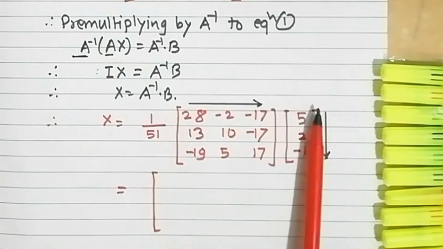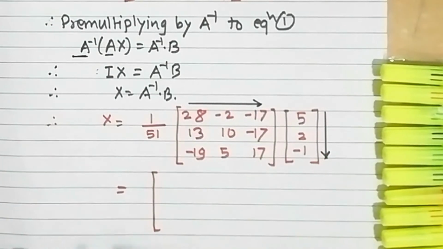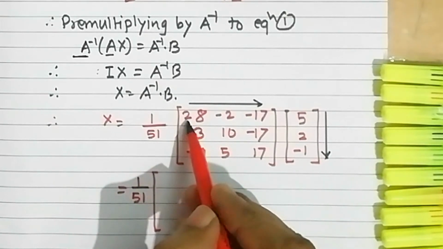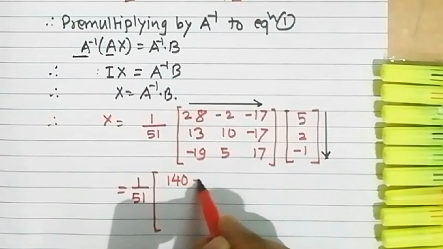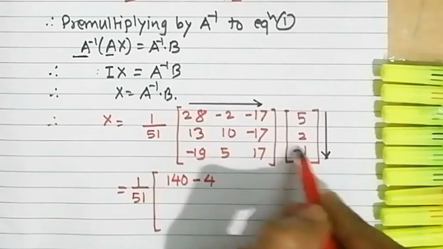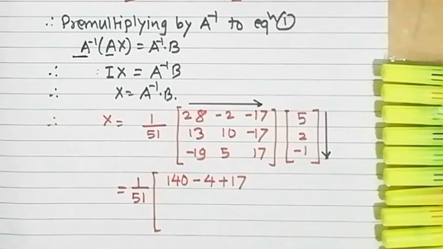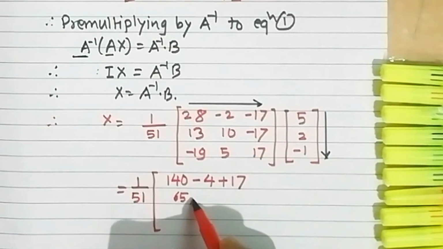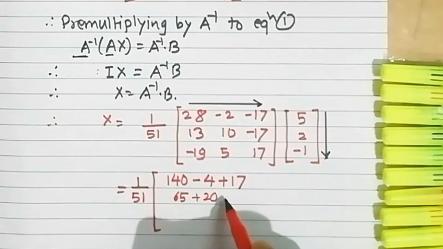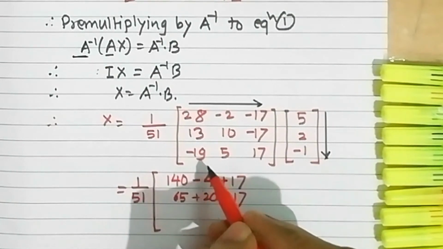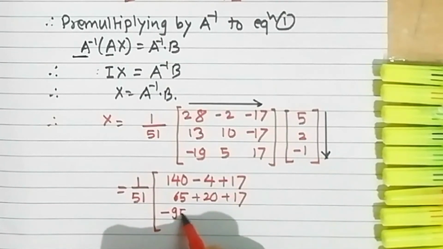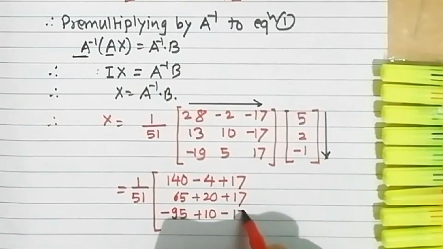Multiply each row by this single column. So this is equal to 1 upon 51 as it is, and 28 into 5 is 140, minus 4, plus 17. Then 13 into 5 is 65, 10 into 2 is 20, and plus 17 again. Then -19 into 5 is -95, 5 into 2 is 10, and 17 into -1 is -17.